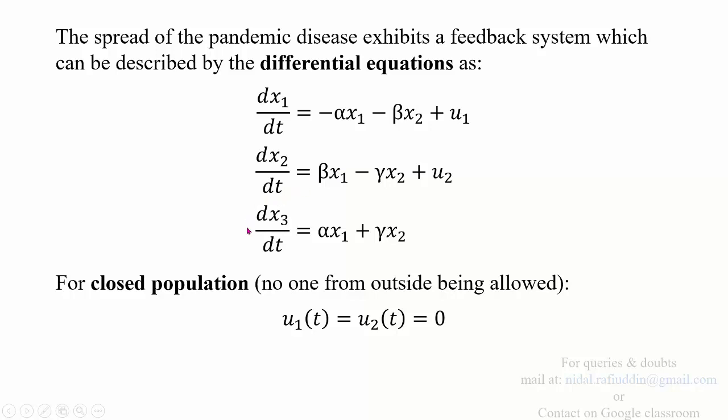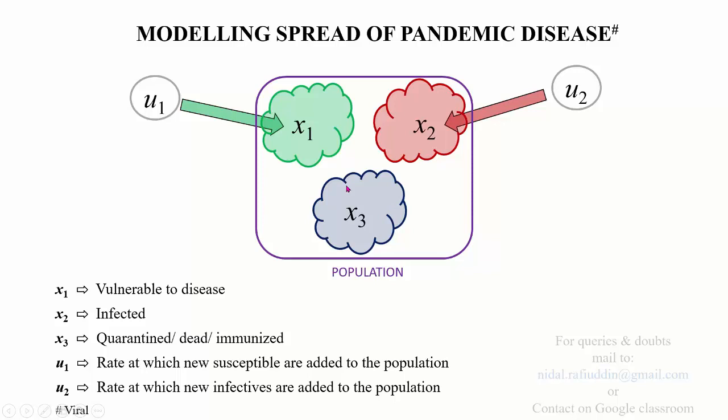Then you have another variable, x3, which represents the subset of people who are either quarantined, or immunized, or dead. So that will be proportional to the quantities x1 and x2. While x1 and x2 will not depend on x3, because x3 people you have quarantined or immunized, or they are dead.